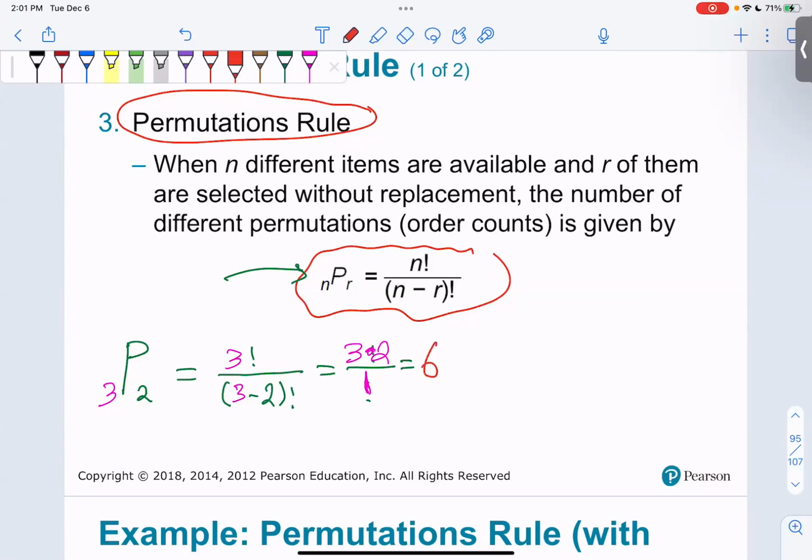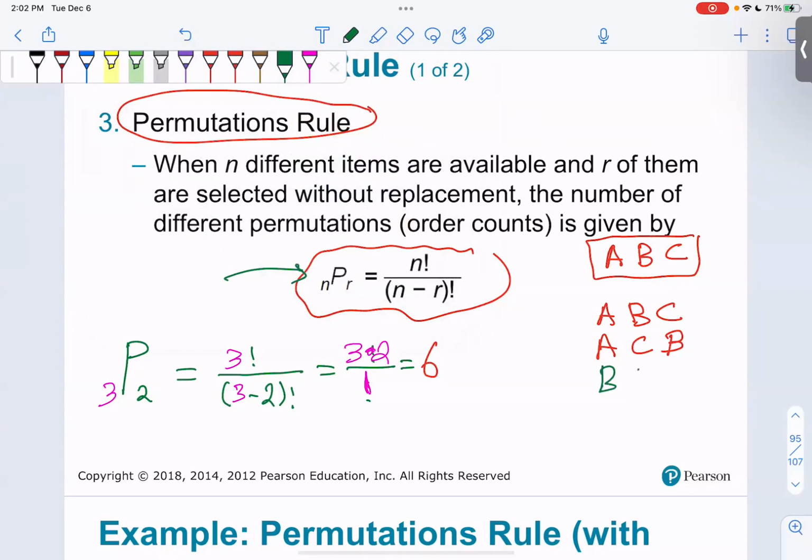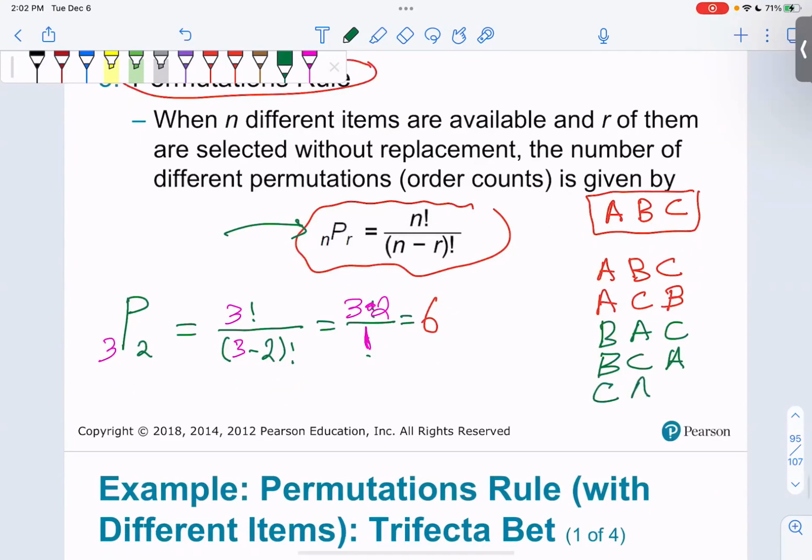So imagine that we have A, B, C. So those 3, okay? So how many choices? We have A, B, C, this is 1. And then we have A, C, B. And for each one we have 2, and then we start the second one: BAC, BCA, and then CAB, and then CBA, right?